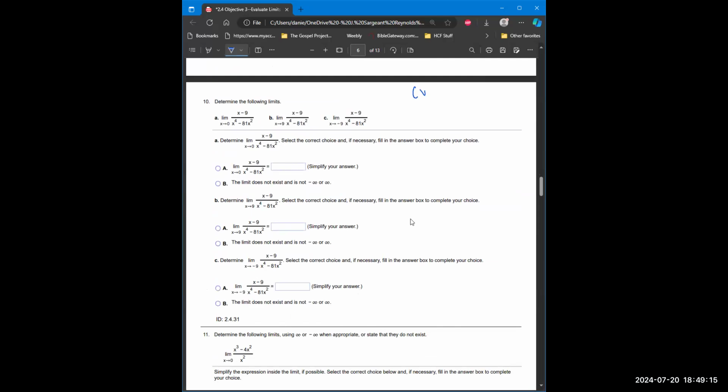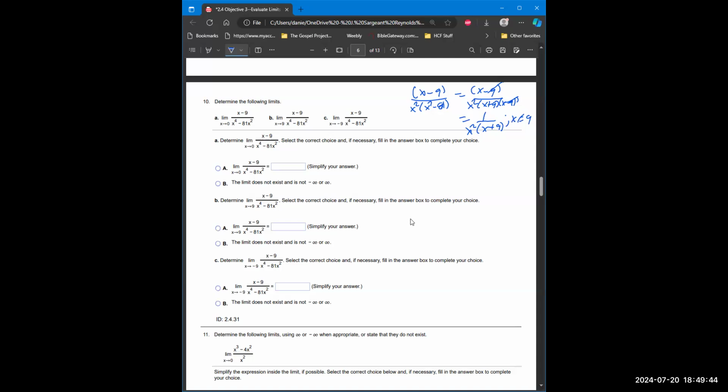x minus 9 over x squared times x squared minus 81 is x minus 9 over x squared times x plus 9 times x minus 9, which is the same as 1 over x squared times x plus 9 as long as x is not equal to 9.